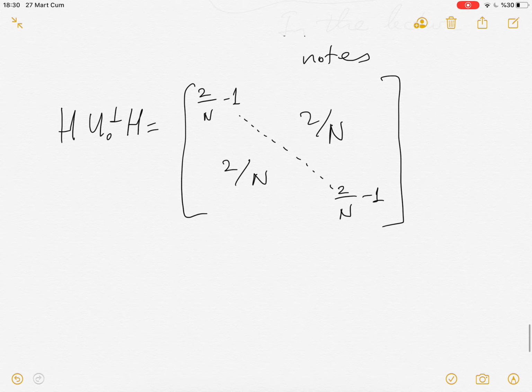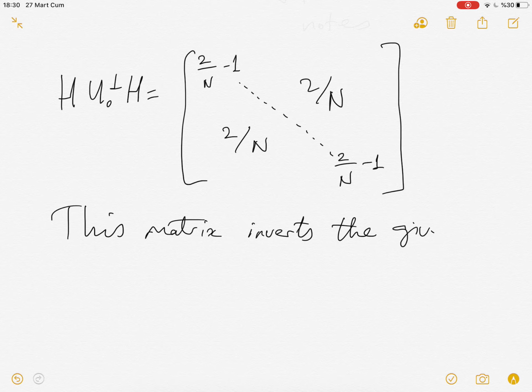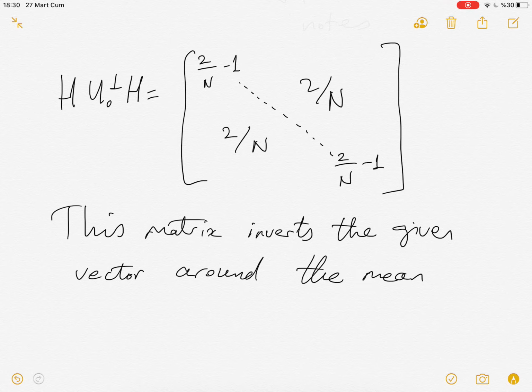So this matrix inverts the given vector around the mean.